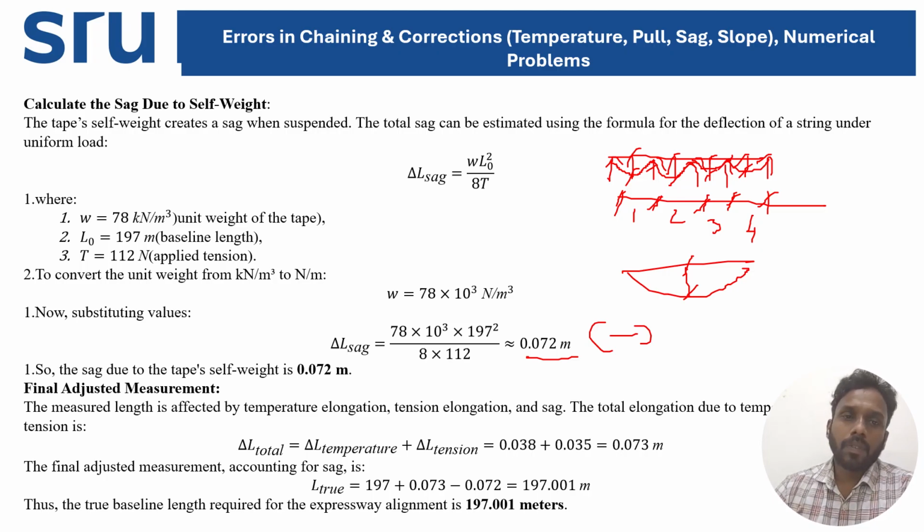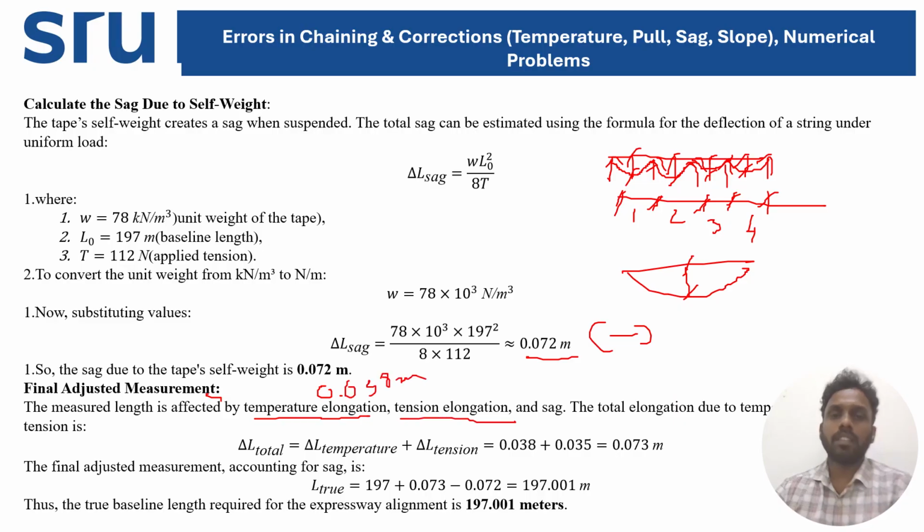So the final adjustment of measurement, what we are going to do is, the measured length is affected by temperature elongation. First, we have calculated the correction for temperature, and its value is 0.038 meter, and there is a tension elongation because you're stretching your tape for the tension, which is 0.035 meter.